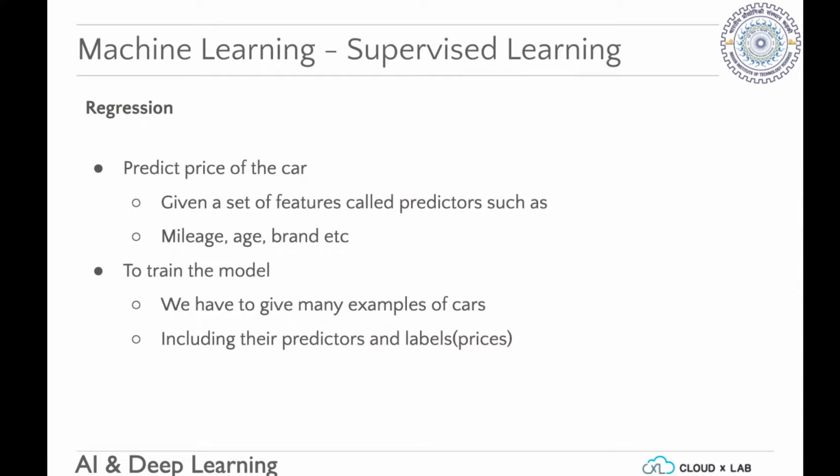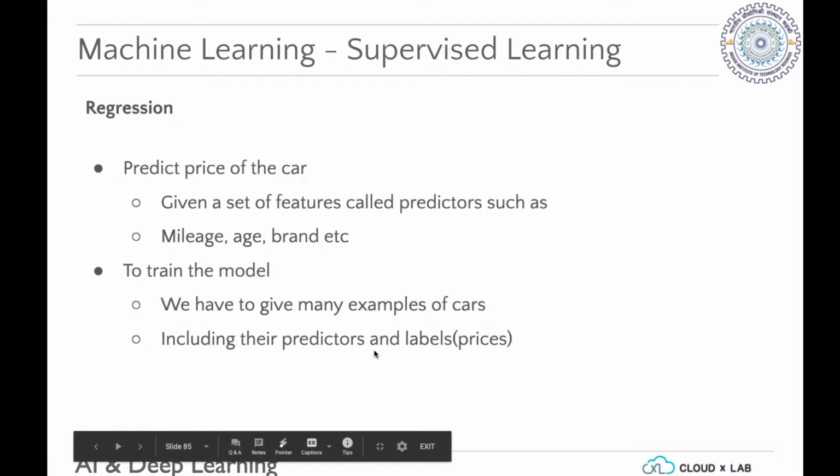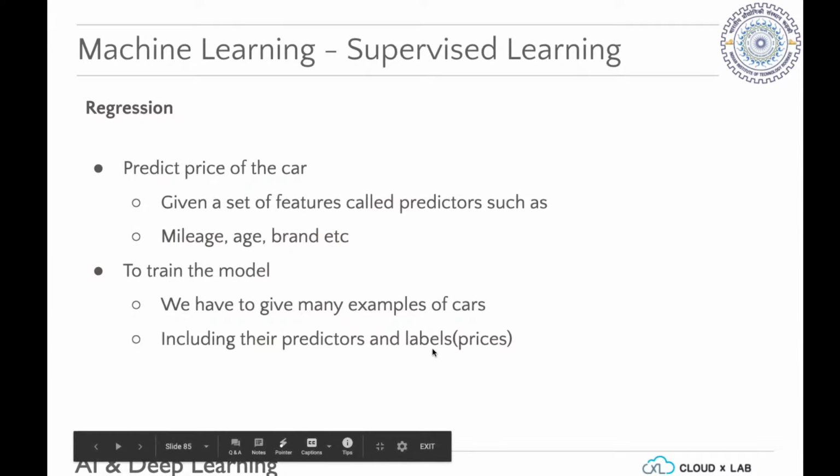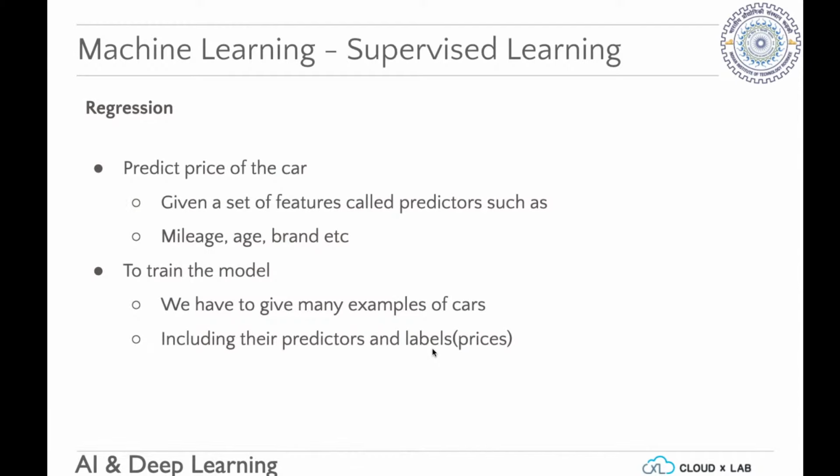I presume you get that. One of the big concepts, if you're starting with this, is that you need to understand what predictors are and what labels are. For this example of used cars, items like mileage, age, brand, etc. are predictors, and there is just one final label, which is the price. That's the difference between a predictor and a label.